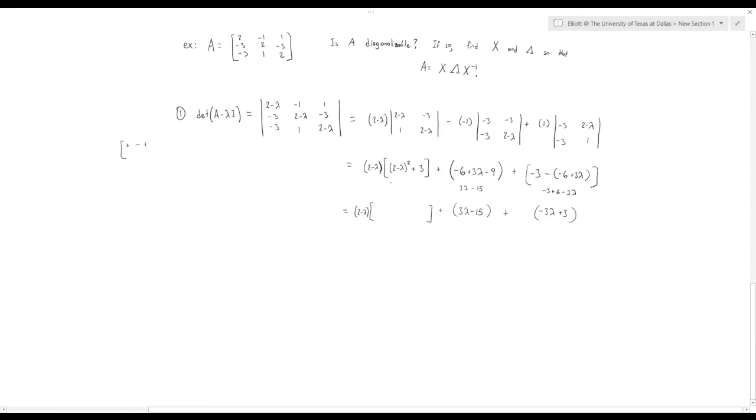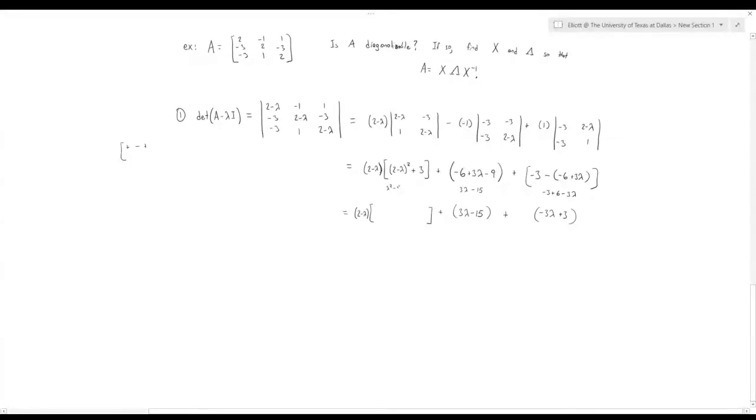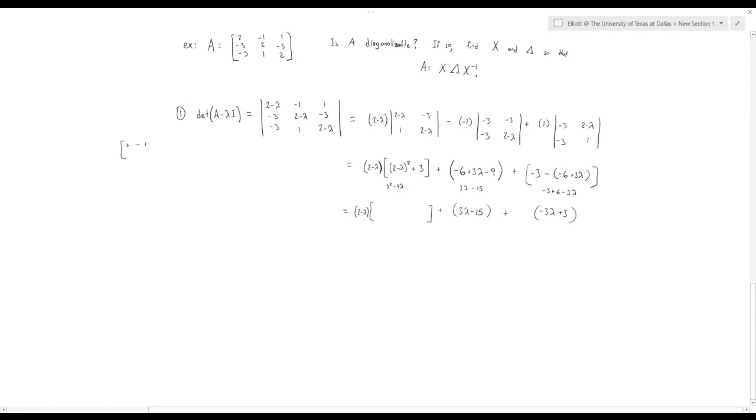So that's going to be lambda squared minus 4 lambda plus 4. And then we have that plus 3 as well. So lambda squared minus 4 lambda plus 7. Okay. Okay, let's see here.